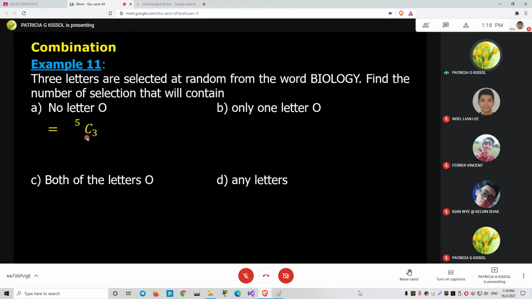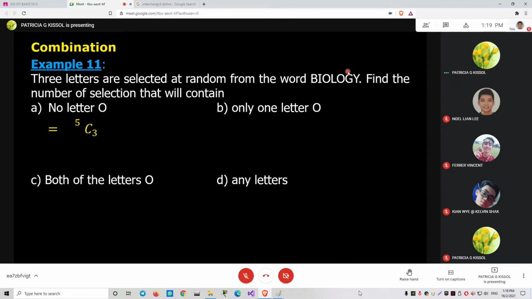Why? Because the order does not matter. From the 5 letters that remain, B-I-L-G-Y, it doesn't matter if it's Y first, then B, then I, compared to B, I, and Y. It's still the same thing. So that's why in this example, we solve it using combination.